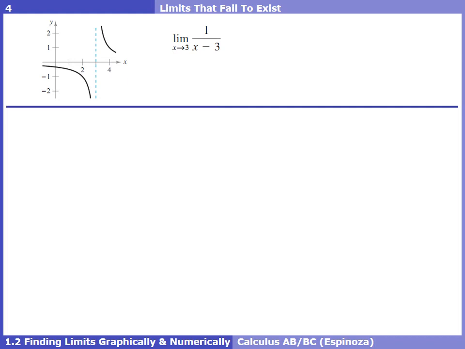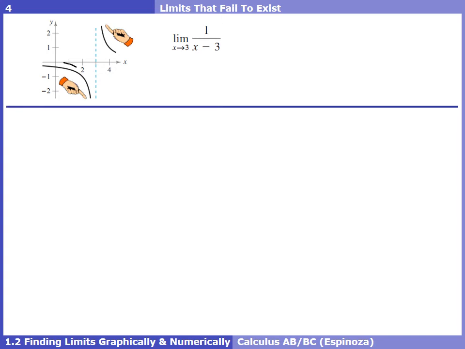Well, in this particular case, you can see if we're trying to take the limit right here with this notation, which is saying the limit as x approaches 3 of this function, which is graphed to the left, what would be the value of that? Well, again, if you use this idea of using your fingers, we would put our left finger to the left of 3 on the graph. We would put our right finger to the right of 3 on the graph.